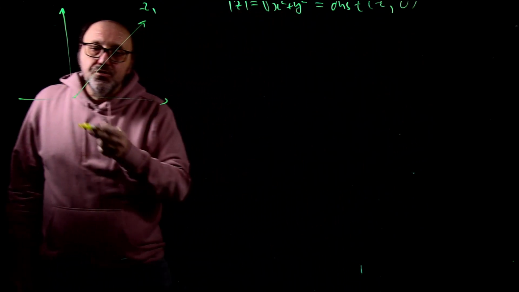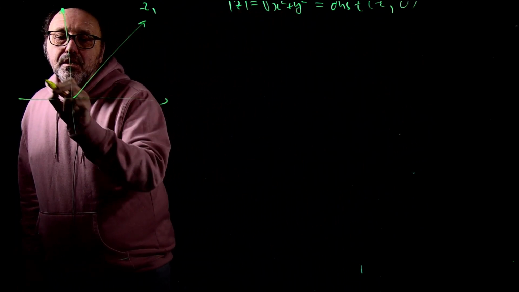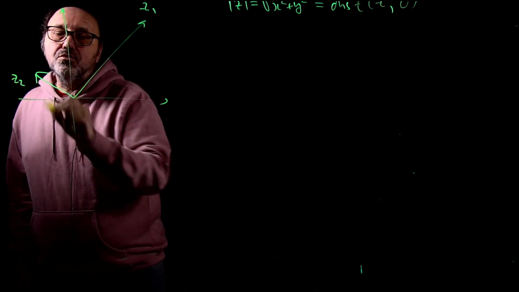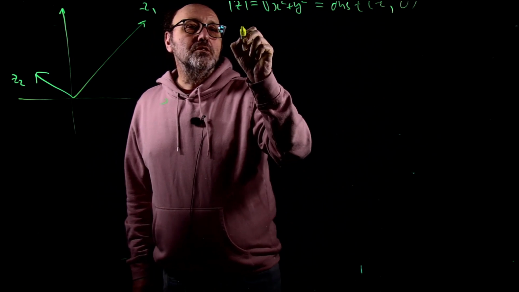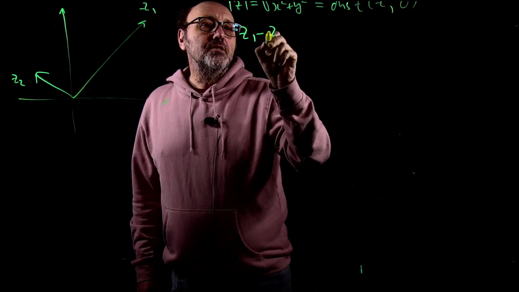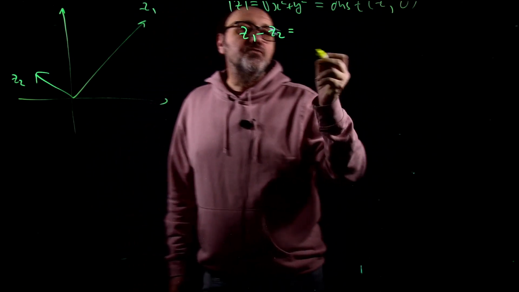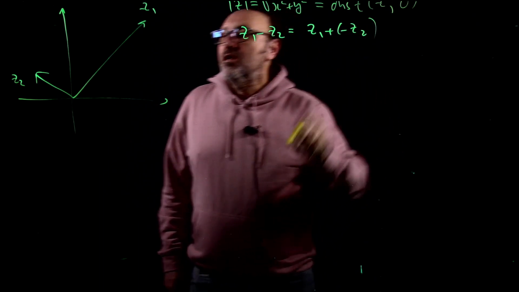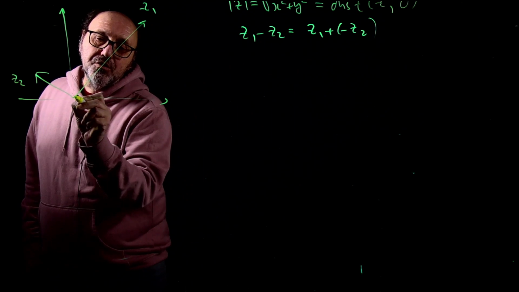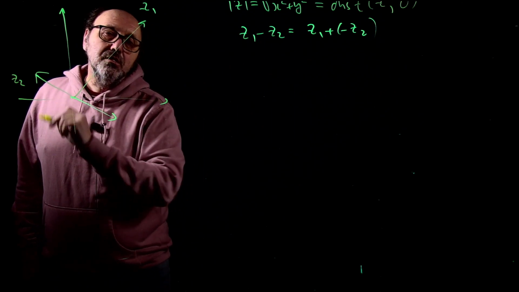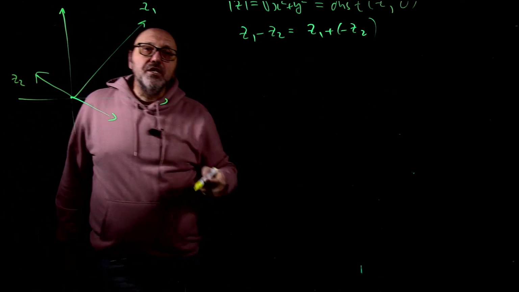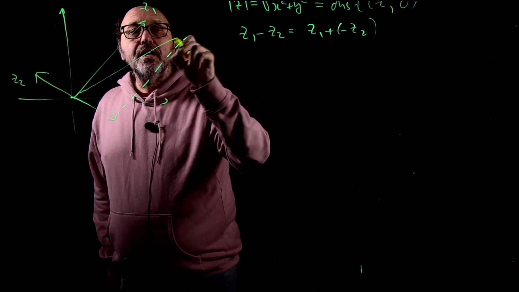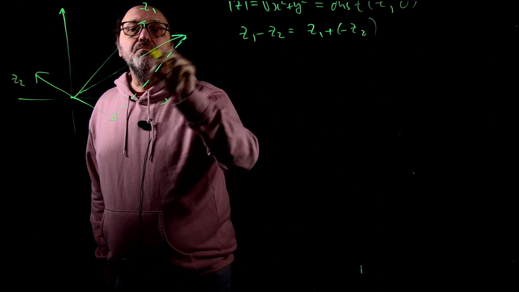If we consider another vector Z2, and if you consider Z1 minus Z2, you can view Z1 minus Z2 as Z1 plus negative Z2. So negative Z2 in my picture is here, and so the sum of two vectors is just this big diagonal of a parallelogram.